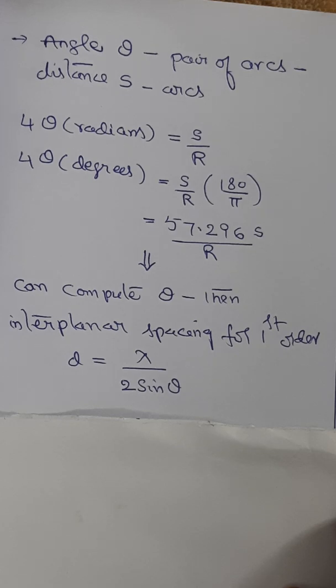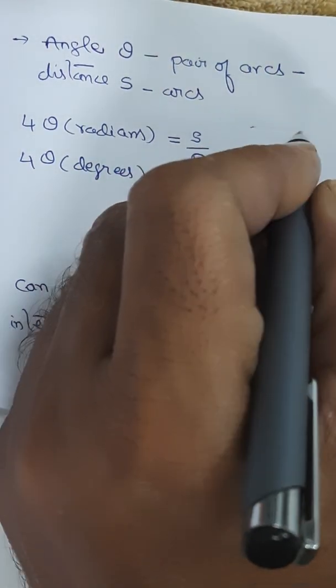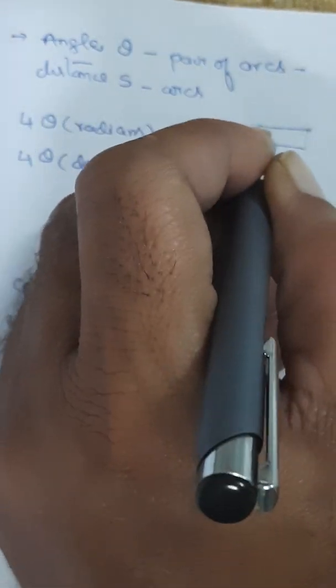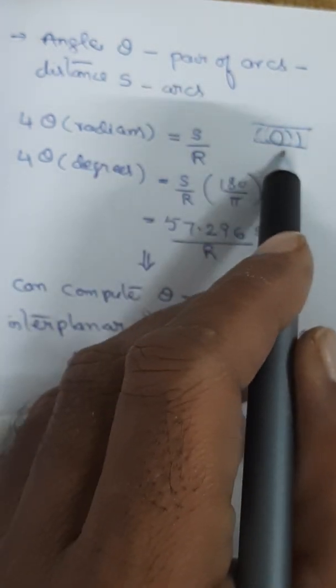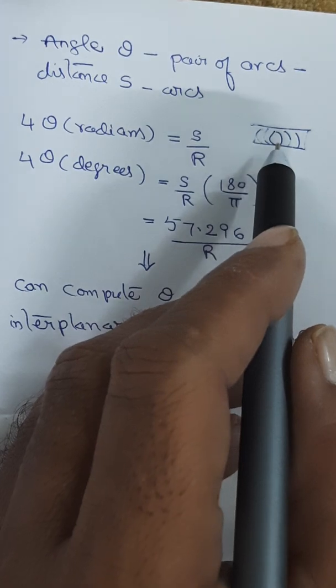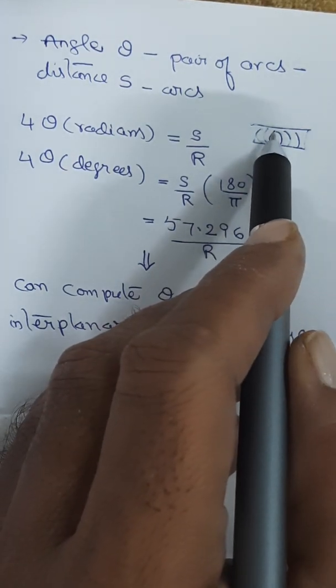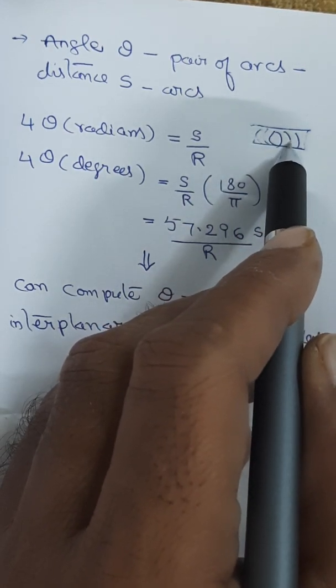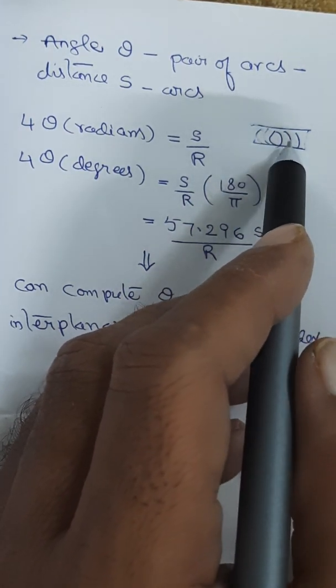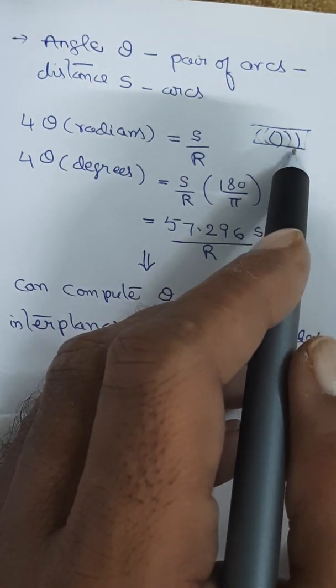You take the angle theta corresponding to that particular pair of arcs and relate it to the distance S. S is the distance inside the cone. More or less it's a distance.